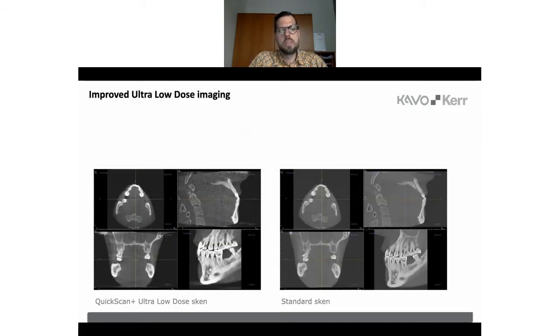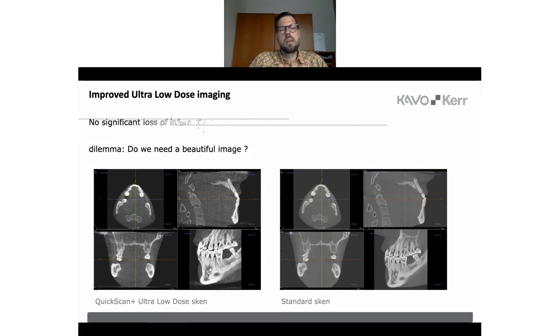If we look, for example, at a quick scan and a standard scan, then we can say that there is not so much significant loss of information when we do the standard scan against a quick scan. And this is the dilemma.